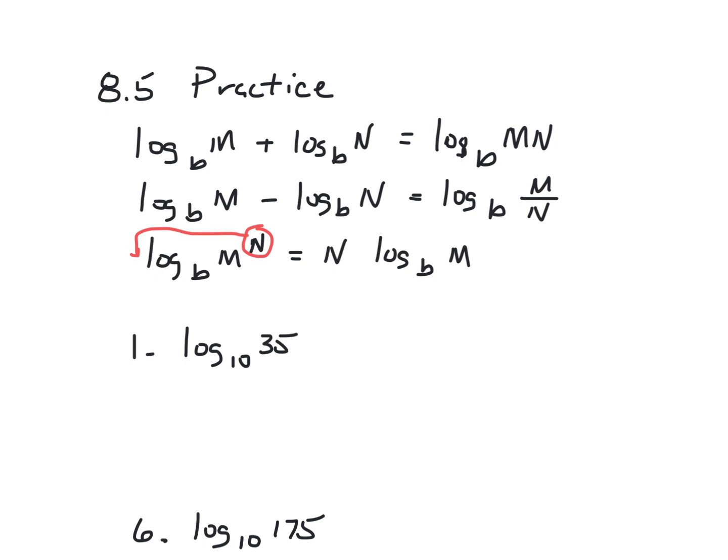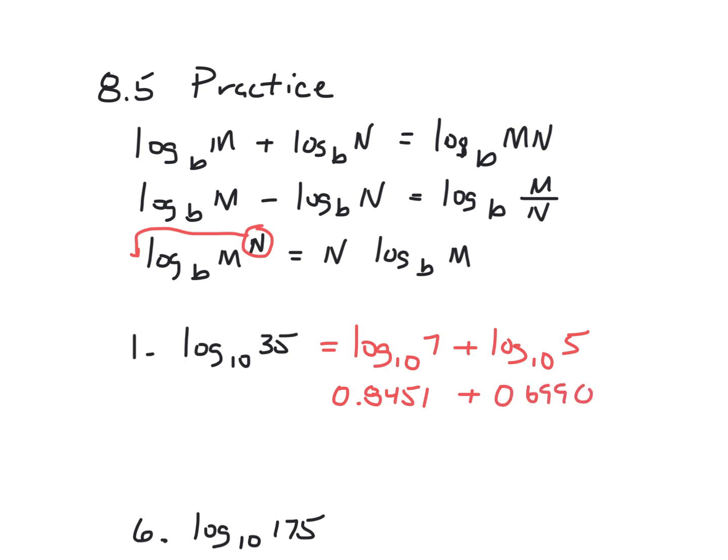So the first couple problems on this practice worksheet are giving you what the log base 10 of 5 is and what the log base 10 of 7 is approximately, and want you to approximate the value of different logs. Number one says log base 10 of 35. Well, I could write that as log base 10 of 7 plus the log base 10 of 5, because 7 times 5 is 35. And log base 10 of 7 is 0.8451, that's given to you in the problem, and log base 10 of 5 is 0.6990.